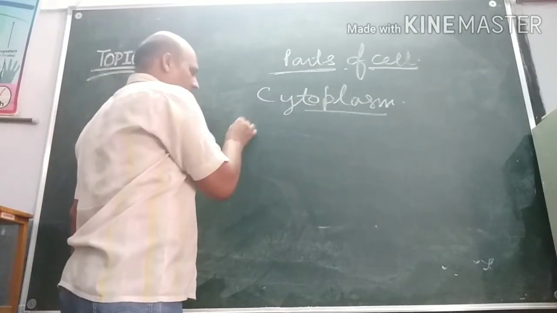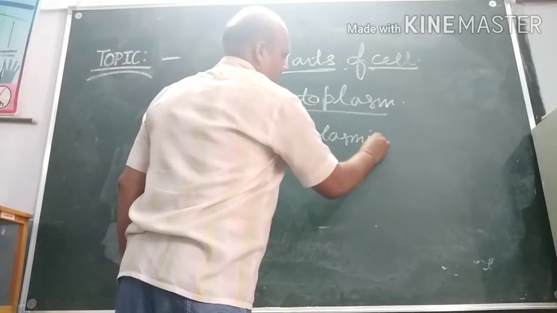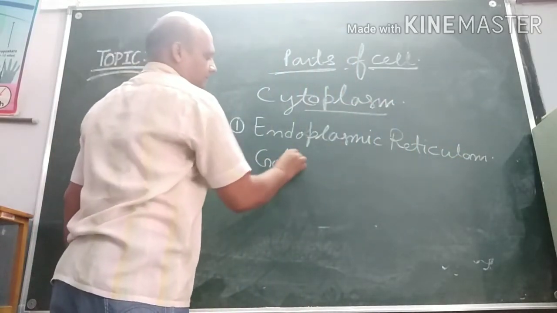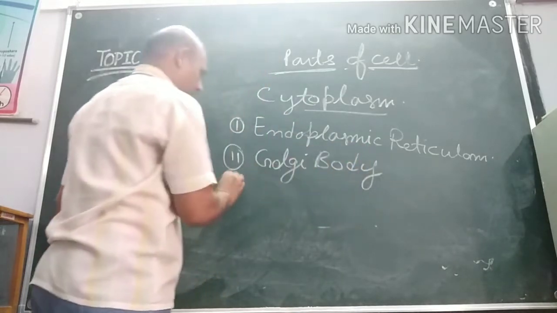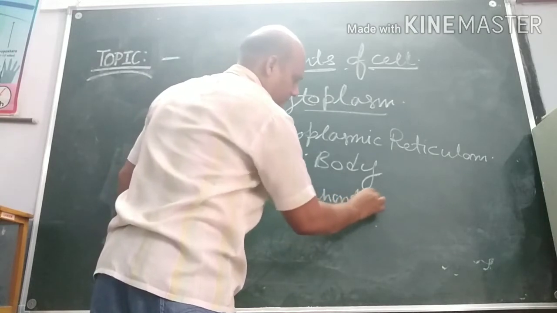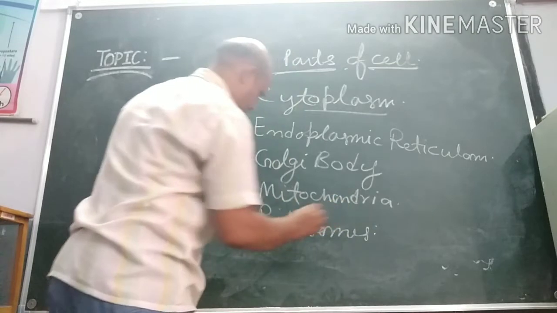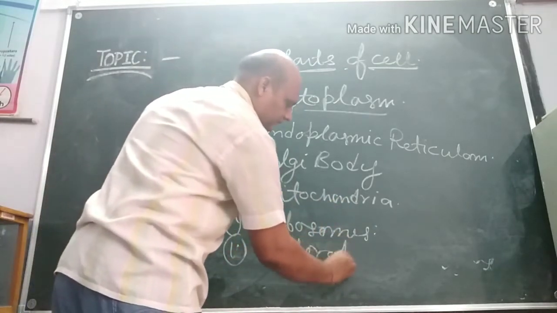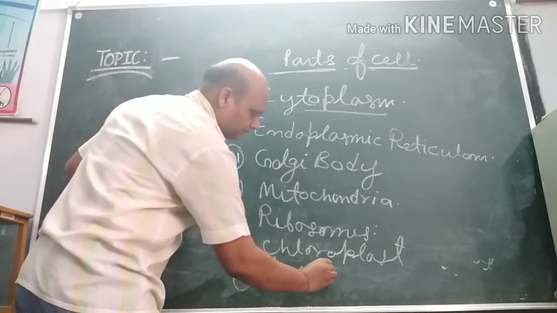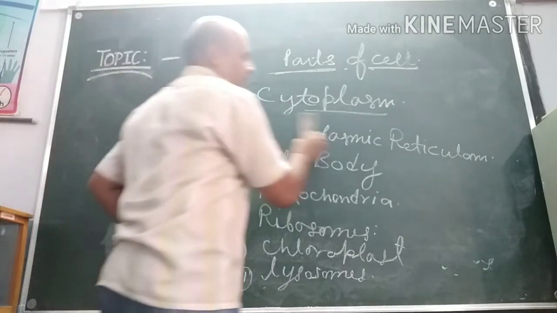The cell organelles are: number one, endoplasmic reticulum; second, Golgi body; third, mitochondria; ribosomes; chloroplast; lysosomes; etc. So first of all, we study the endoplasmic reticulum.